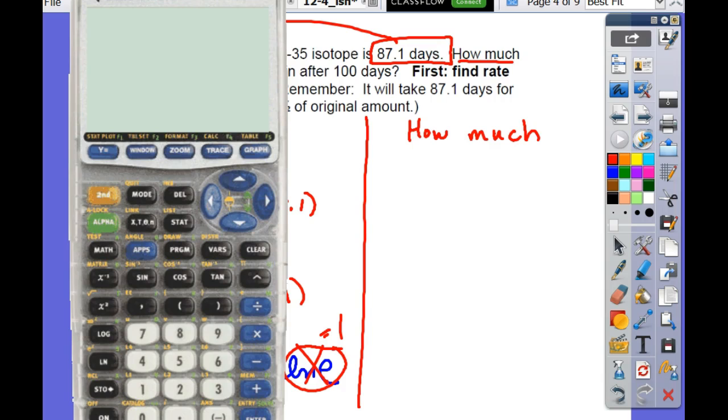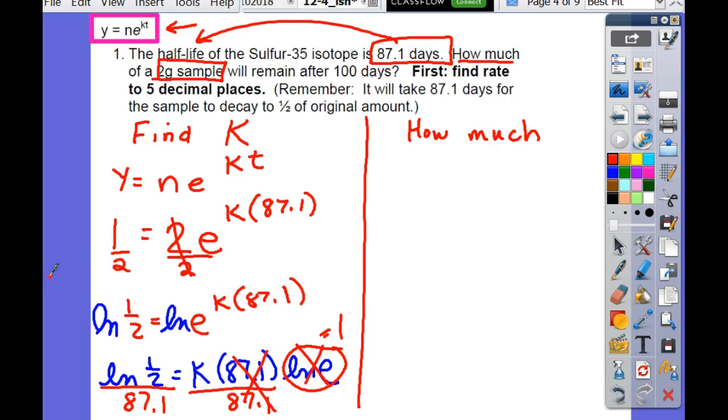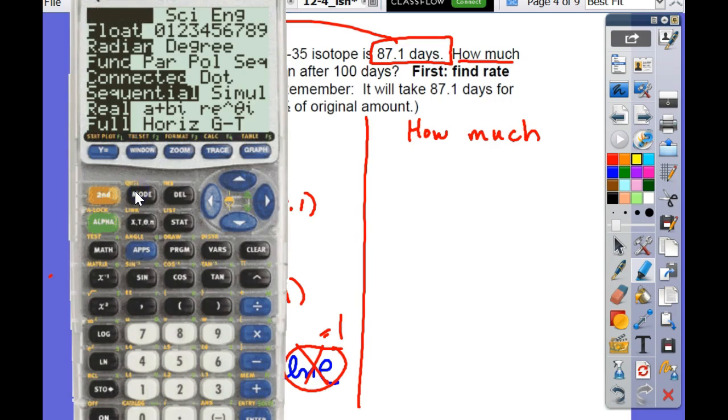So on my calculator, wait, let me go back here and draw your attention to this. It says that the K needs to have 5 decimal places. So make sure your mode is on 5, because it said so in that problem.